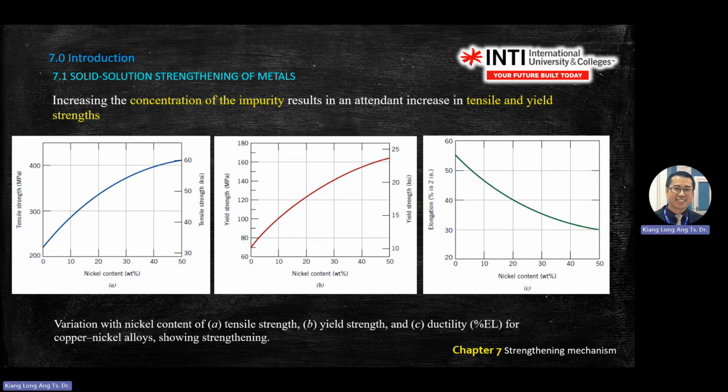We call this ductility. Elongation also means percentage ductility. So if you add in impurity, you make it stronger, but when you use the word strong, it means it's very hard to pull already. So ductility or elongation drops.